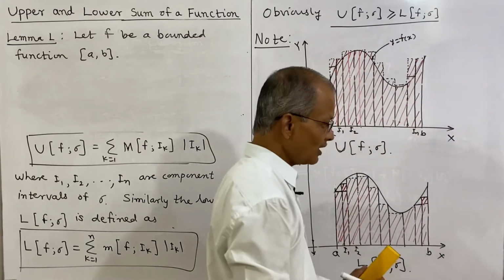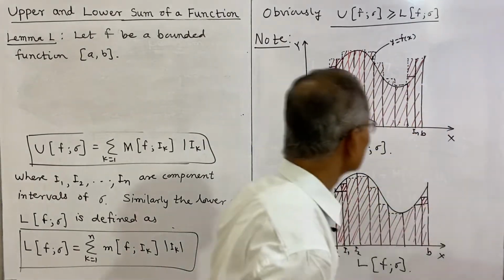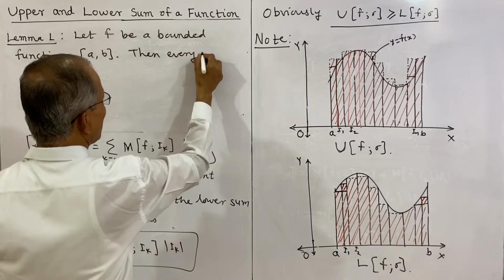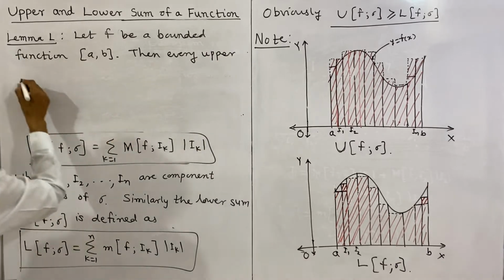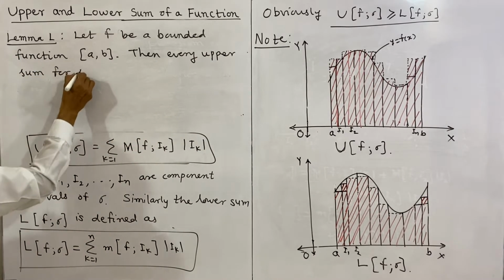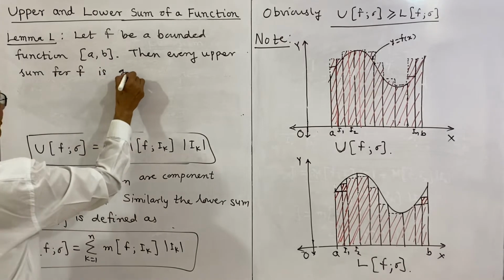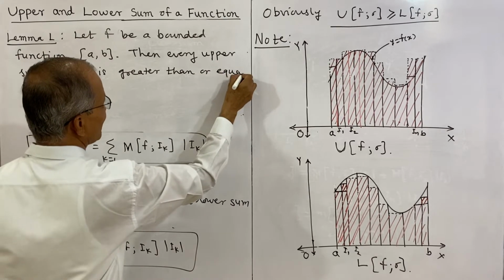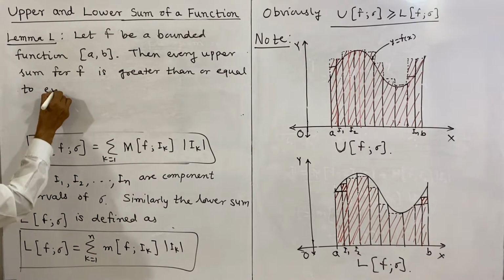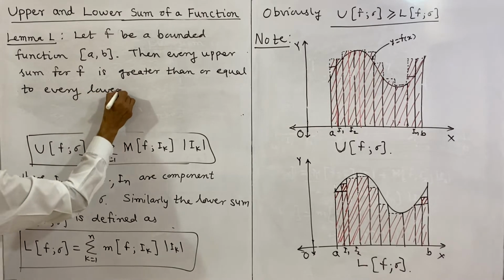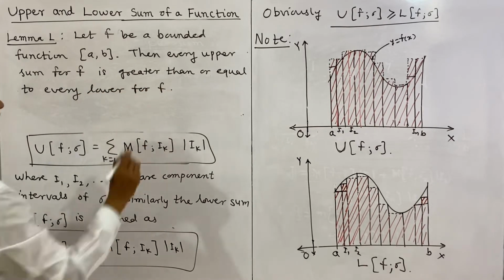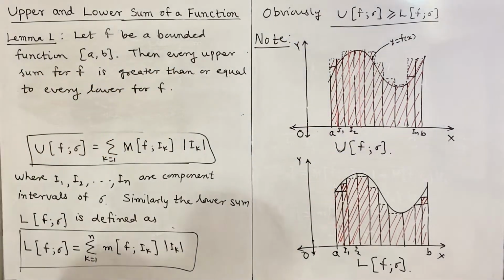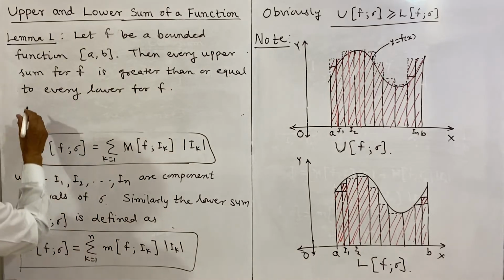Then every upper sum for f is greater than or equal to every lower sum for f. So that is what we have written earlier, and we can verify from this figure.